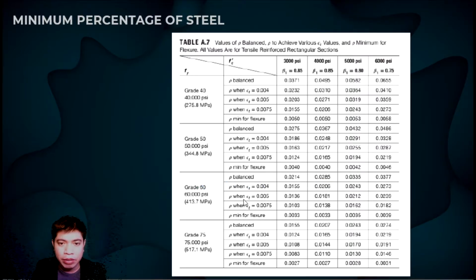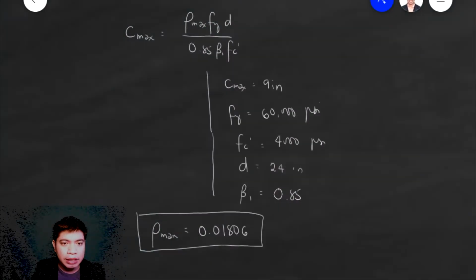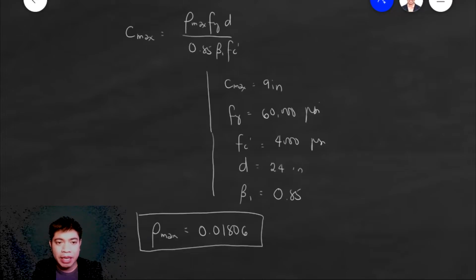So, hanapin natin dito, guys, yung raw max nga is the raw when the tension strain is 0.005 and that is 0.0181. Okay? So, tama, guys, yung ating naging result. Ang naging result natin kanina ay 0.01806, kasi dun sa table na yon ang ginamit nga is about 3 significant figures, or 4. Ako kasi 4 ako lagi, no?